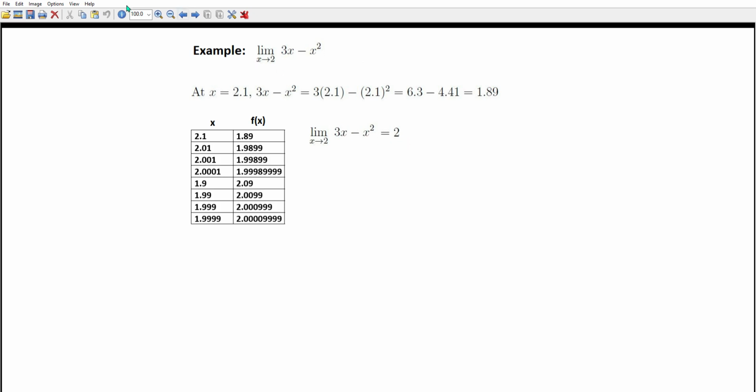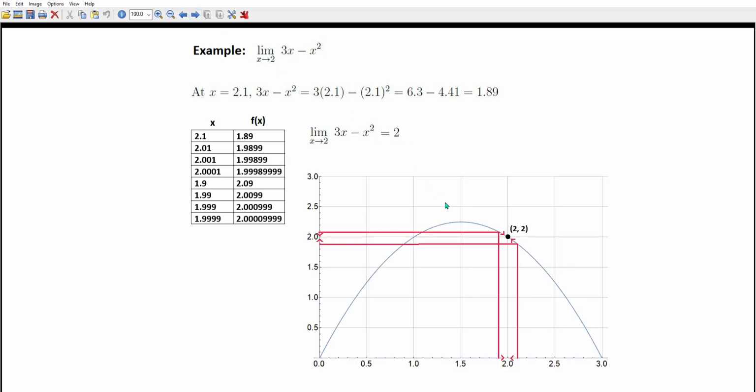If we look at the graph, we can see what's happening as well. If we have some values of x that are slightly larger than 2, the function value up here is slightly less than 2, which we can see across here on the y-axis. When we move in towards 2, we're sliding up the curve, and the function values are sliding up towards 2.